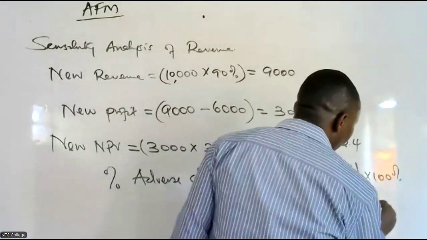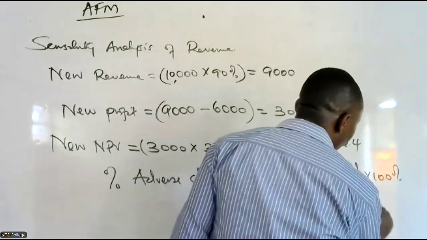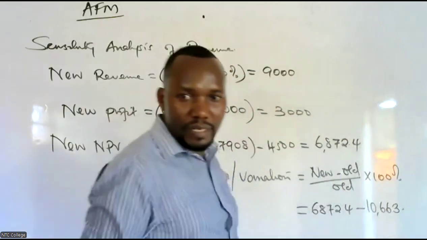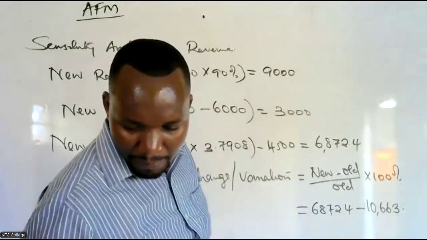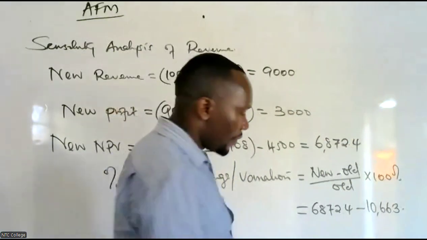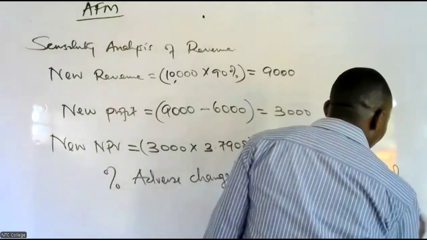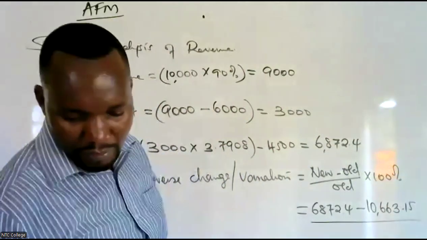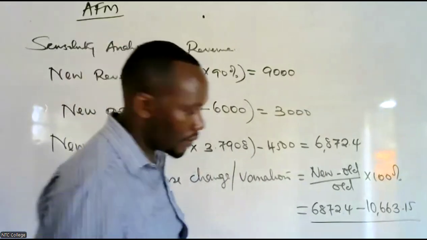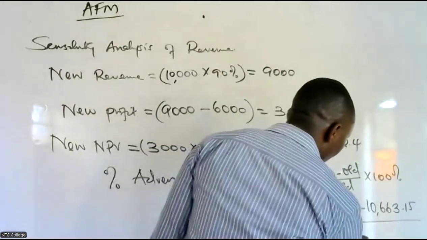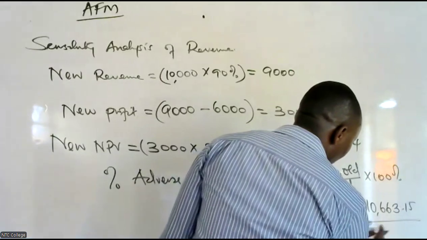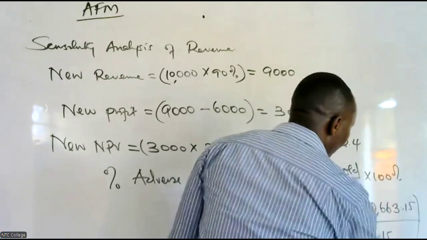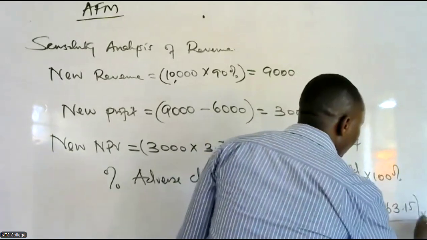Can somebody read it? $1066.15 all over old. Times 100.